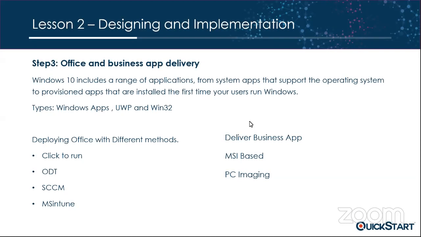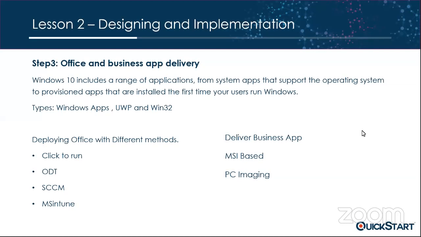There are four methods of Office application deployment. The first one is click to run. Click to run is very famous. You can go to your platform, go to your install application, and download this click to run tool.